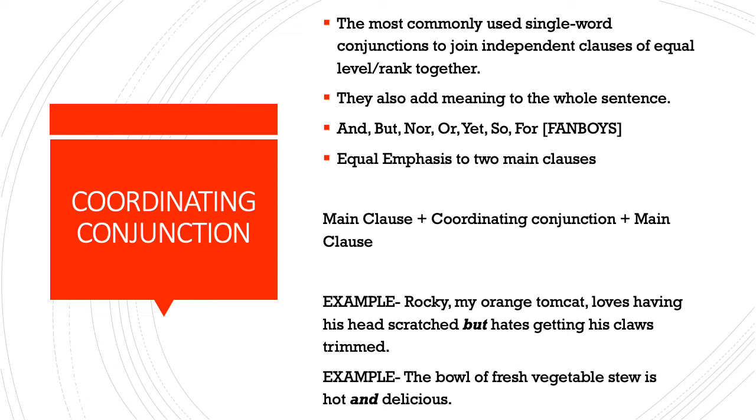Now, there are two independent clauses in this sentence. Rocky, my orange tomcat, loves having his head scratched. So, scratching the head is one action. Rocky hates getting his claws trimmed. Second action. Claws means his nails.